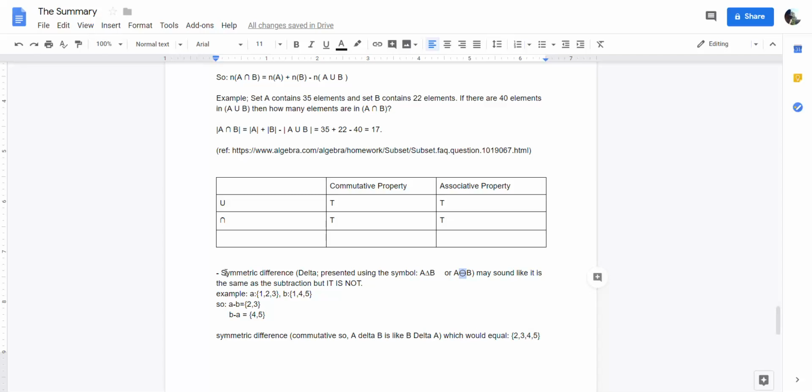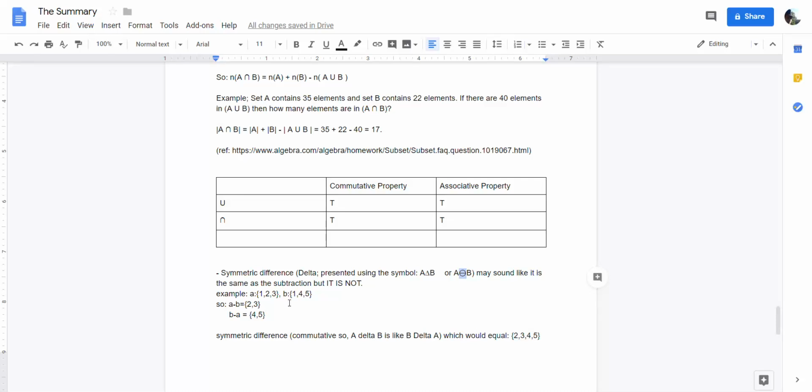So in this case, where you have a set A and set B, the union of these is 1, 2, 3, 4, 5, and the intersection is basically the number 1.